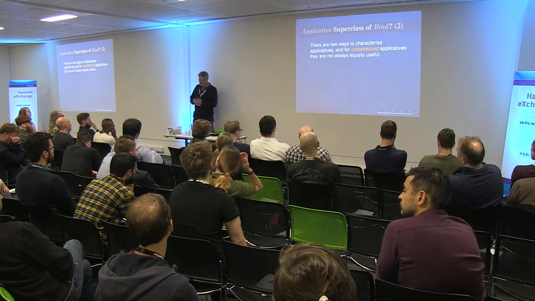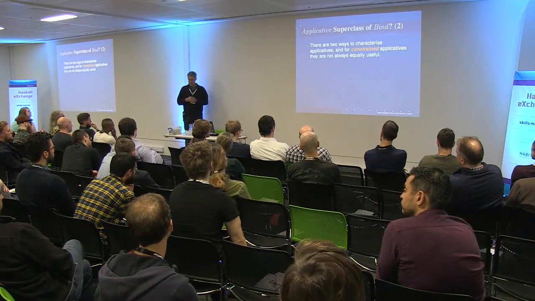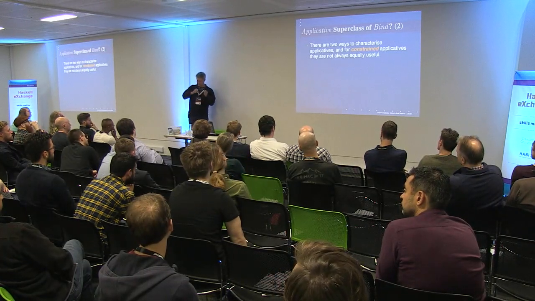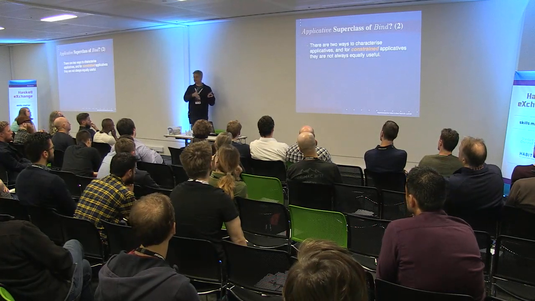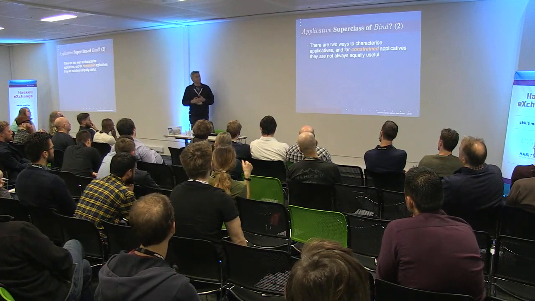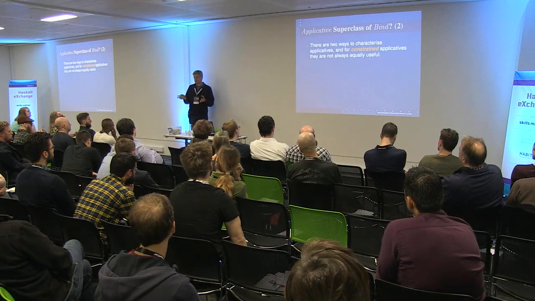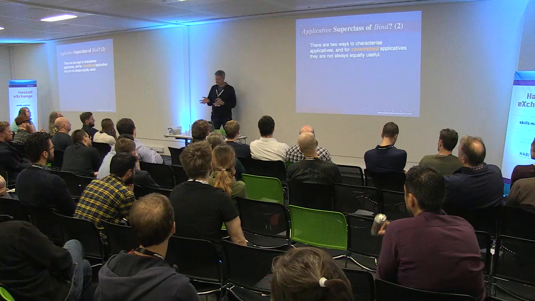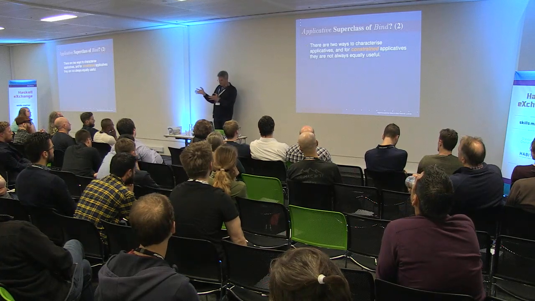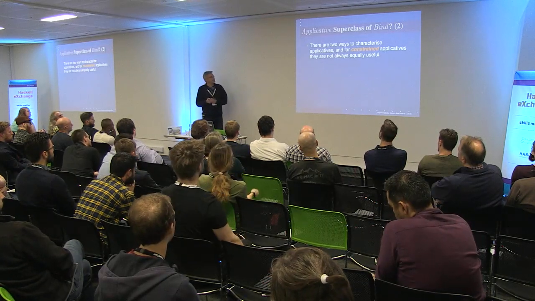And then it seems to us that it would be unfortunate to pick one notion, make that the superclass, and then force people to use that particular notion if it turns out that it is not very useful for them. So therefore we say, okay, maybe there should actually be two different applicative classes, one for each notion, and people should be able to pick whichever makes sense for the particular applicative.